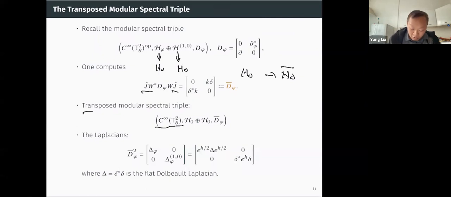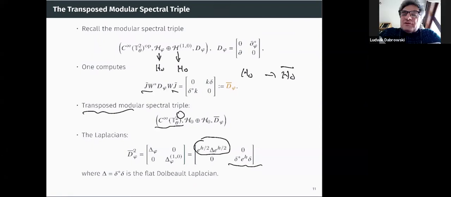The transpose takes care of getting rid of this, as we had a few seconds before. Then we can compute the Laplacians of this form. This is the Laplacian on functions, and this is the Laplacian on one-forms. Any questions so far?